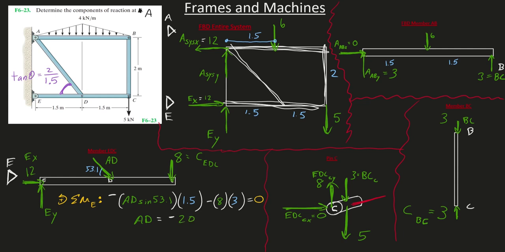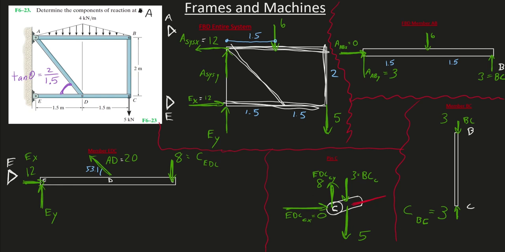So I got a negative. That means my assumption was incorrect. My assumption is that AD is acting this way. I'm going to fix that on my picture right now. So it's actually acting this way. And I'm going to make sure I go to all my other pictures and change it up as well. But as it is, I don't have this AD force in any of my other FBDs, so I'm safe there. So AD is 20 kN.